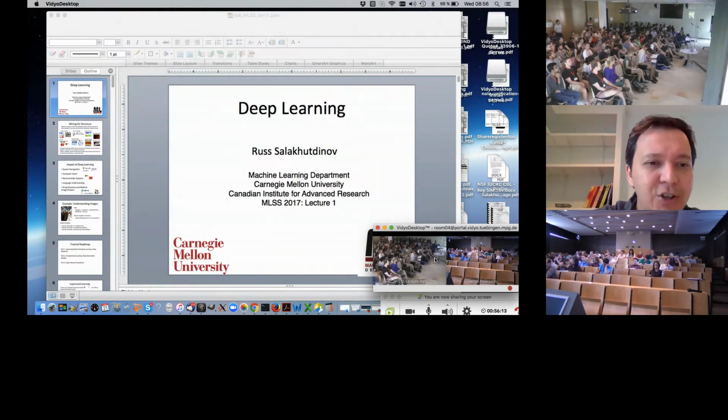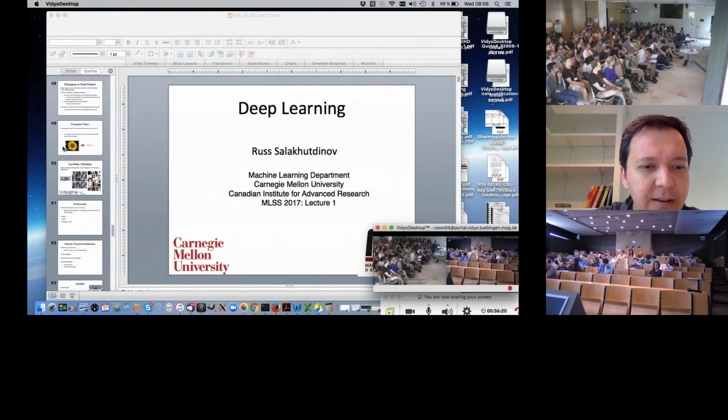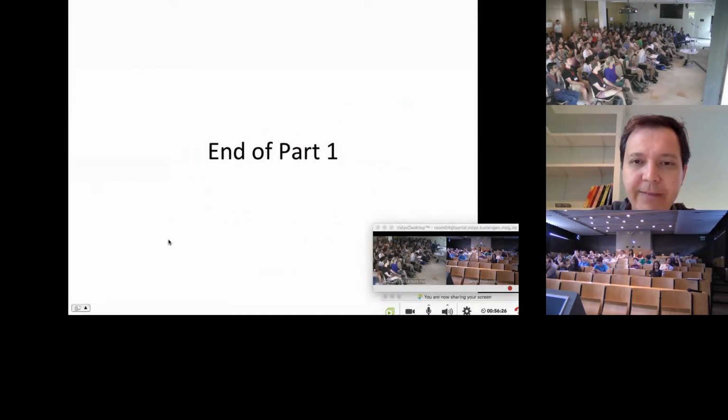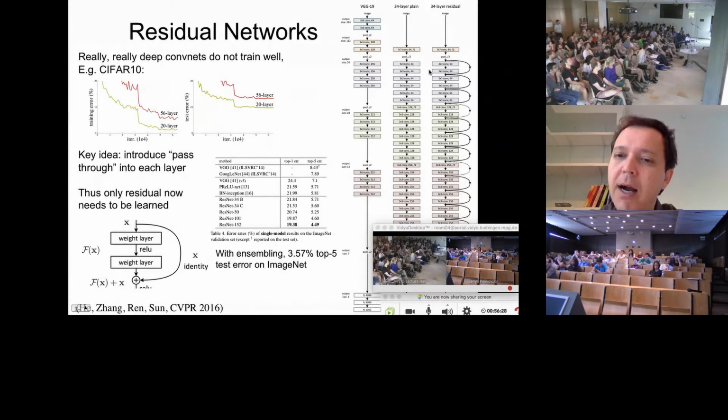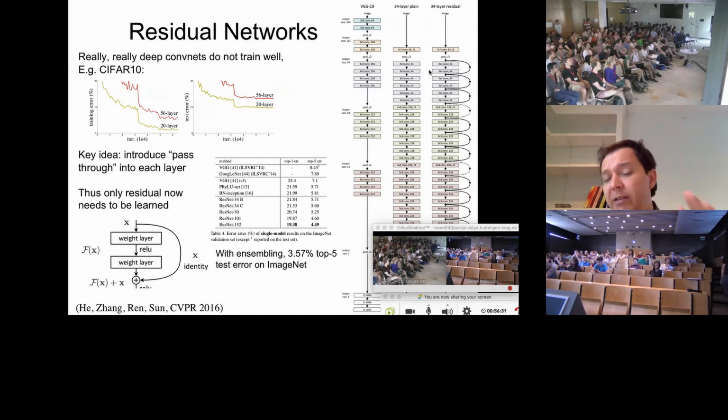In fact, let me just point out, if we actually look at the residual network results, the models were trained using stochastic gradient descent, and after a certain time, you basically divide your learning rate by 2, and you keep training, and then at a certain point in time, you divide it by 2 again.